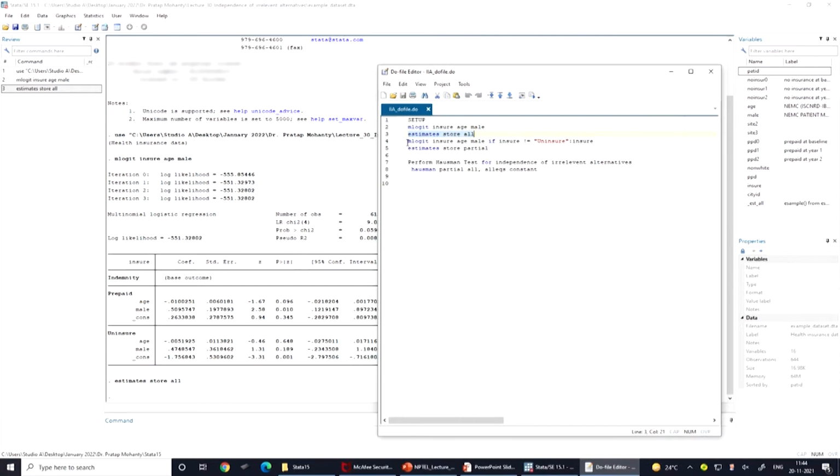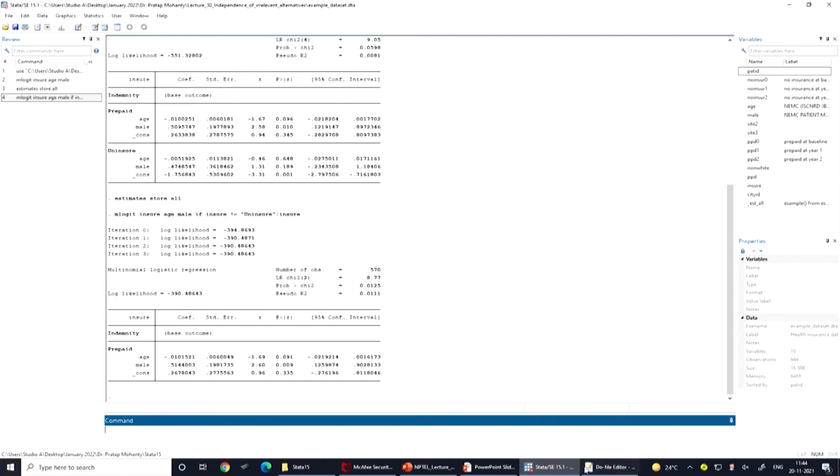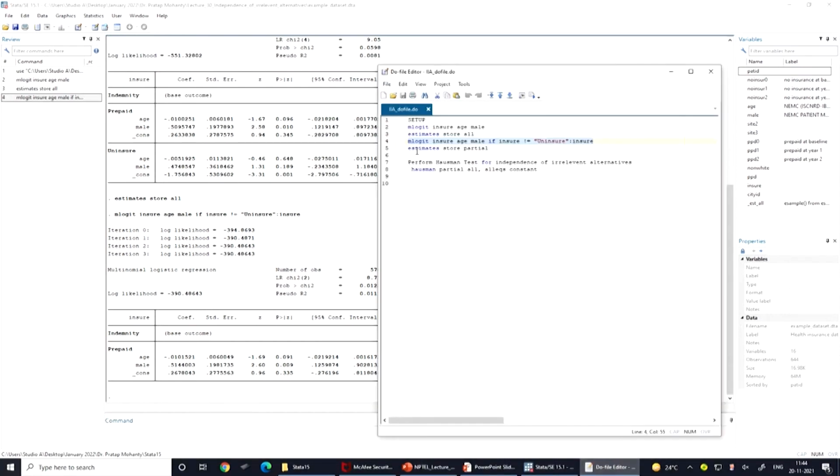The third command compares insure to insure in the mlogit command. Now we have these differences, and the last step is to check their estimates and partial values.